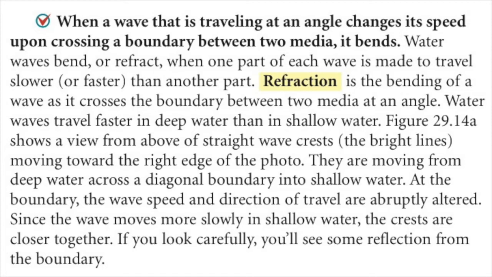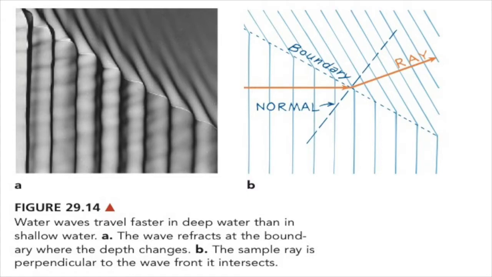Figure 29.14a shows a view from above a straight wave crest, the bright lines moving towards the right edge of the photo. They are moving from deep water across a diagonal boundary into shallow water.